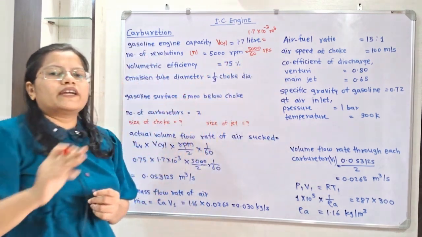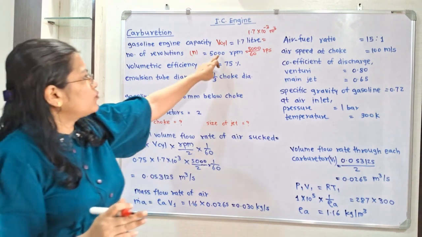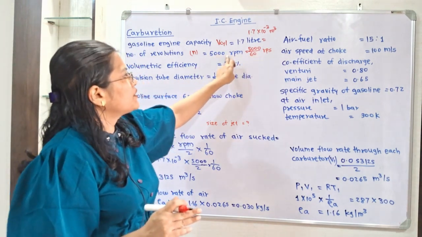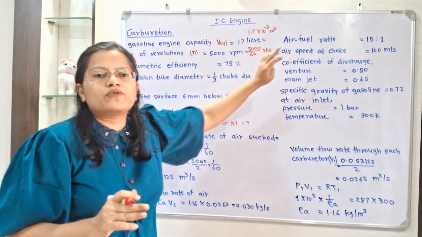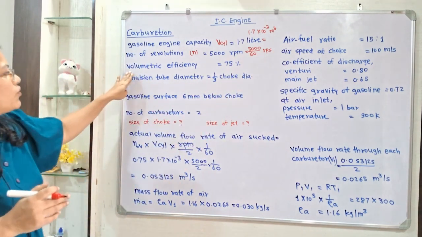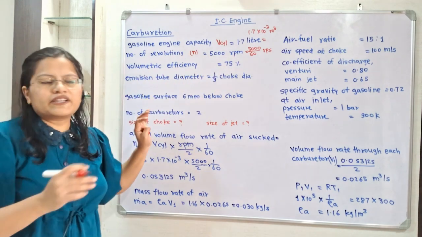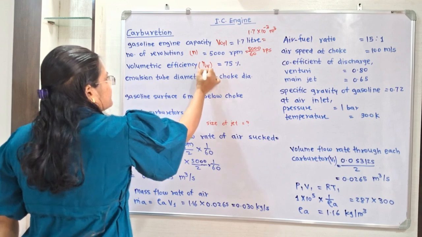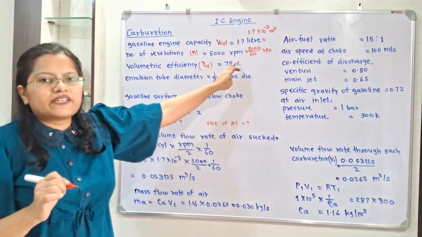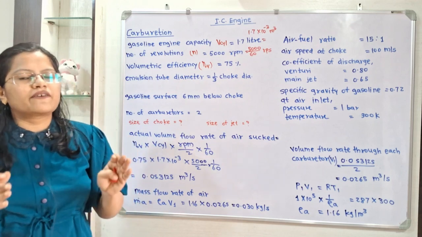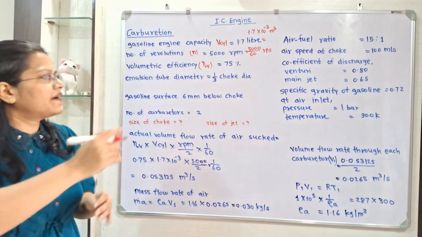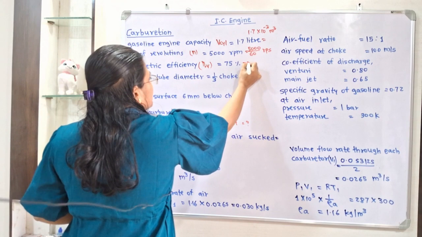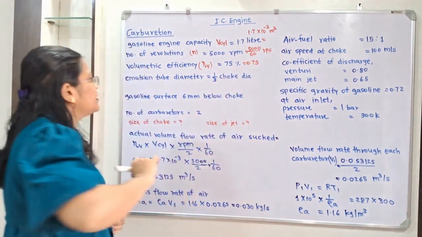To calculate the rate of flow, we have to convert this rpm, revolution per minute, into revolution per second. Volumetric efficiency 75%, that is eta V, so it is 75 by 100, which is equal to 0.75.